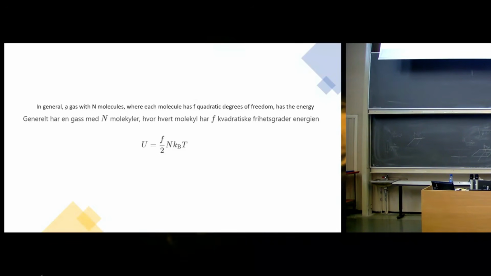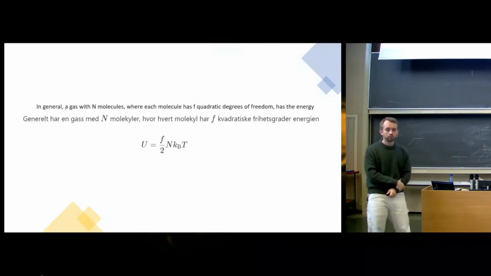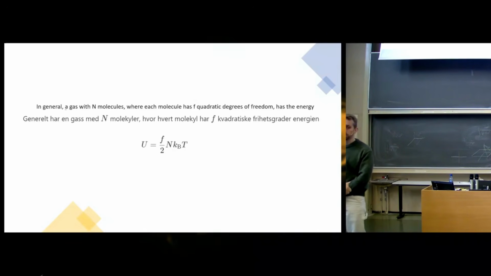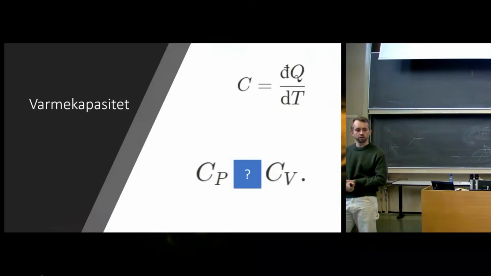Essentially, if you have a gas with N molecules, where each molecule has f quadratic degrees of freedom, the energy is given by U = (f/2)NkT, which in the case of an ideal monoatomic gas, which has 3 degrees of freedom, gives you (3/2)NkT, which is the one that you have probably used a lot of times. But this is the general one.